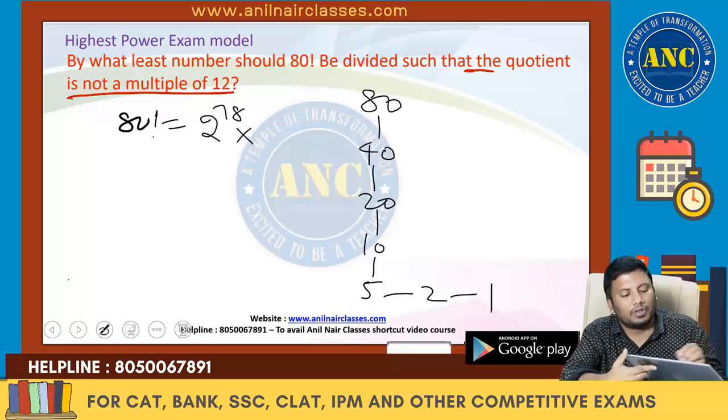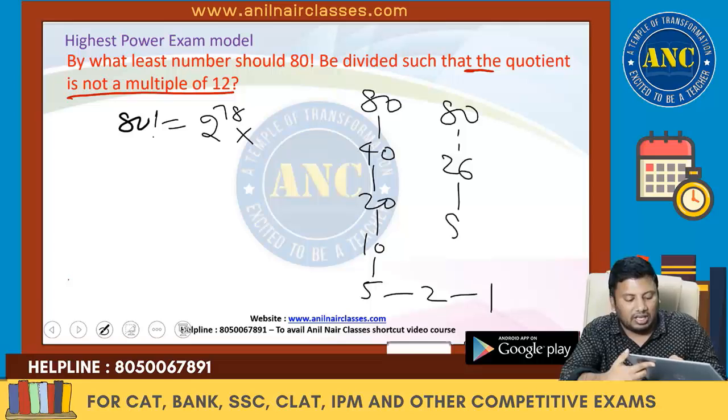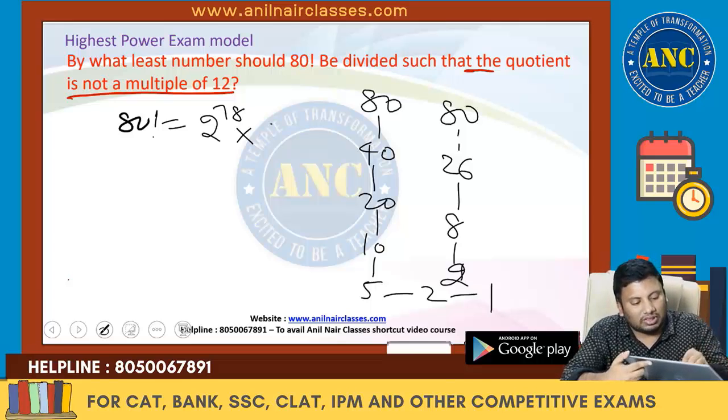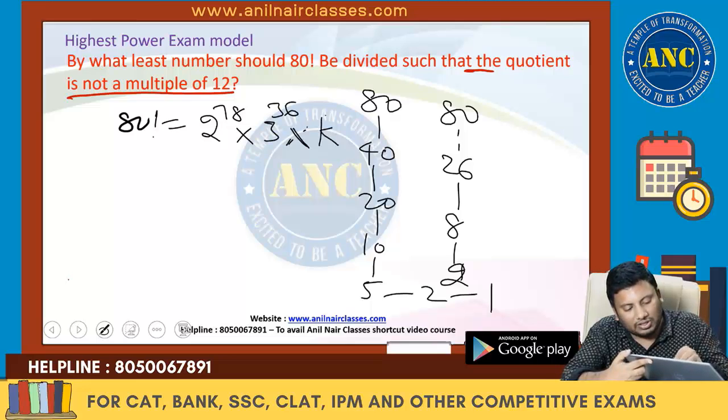Into 3: 26, 8, 2 — that is 3 power 34 — into some other prime numbers.